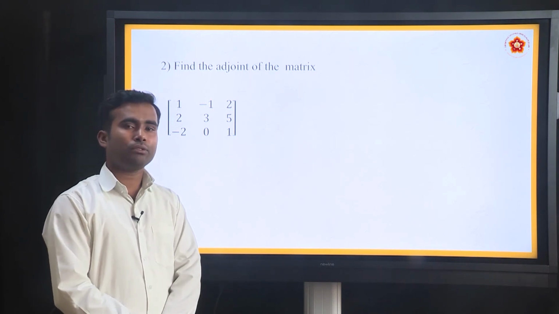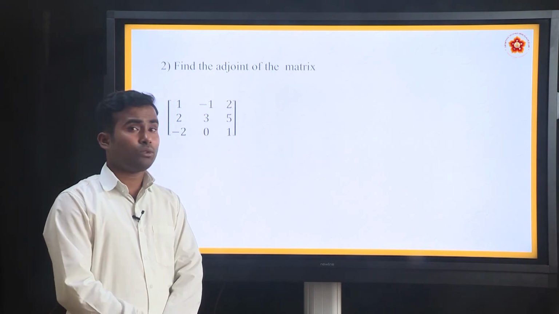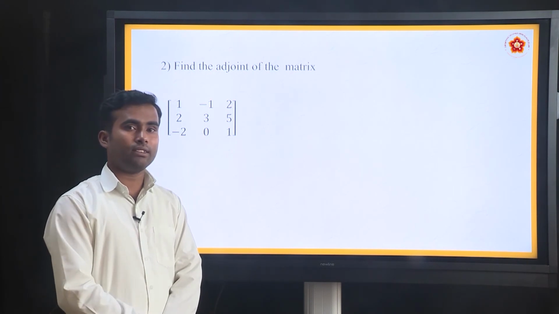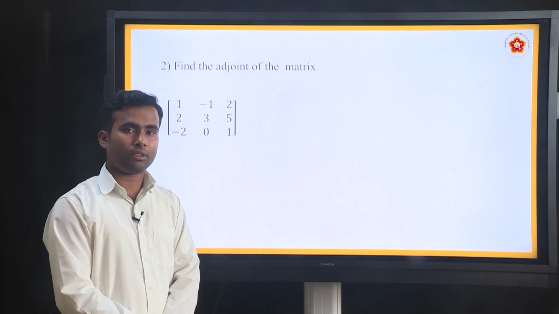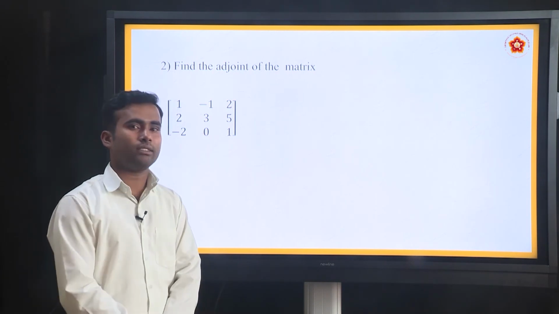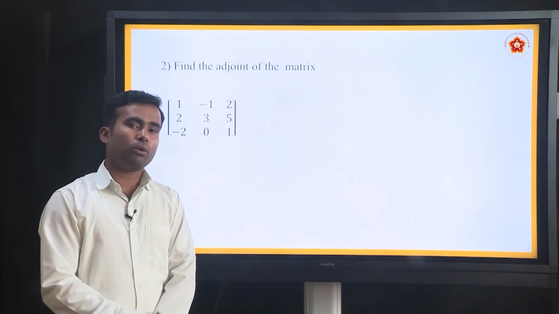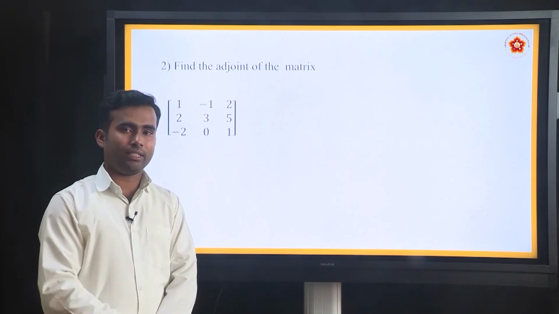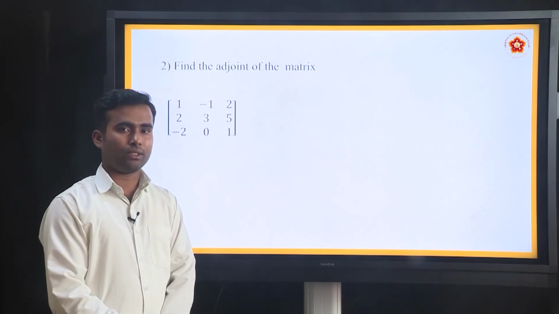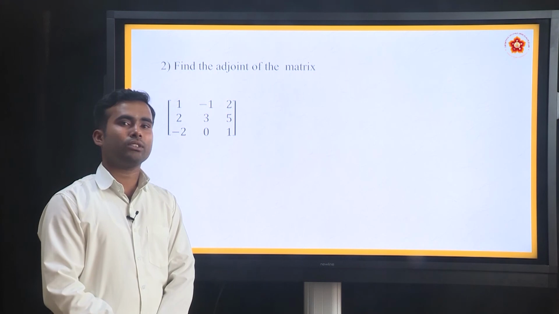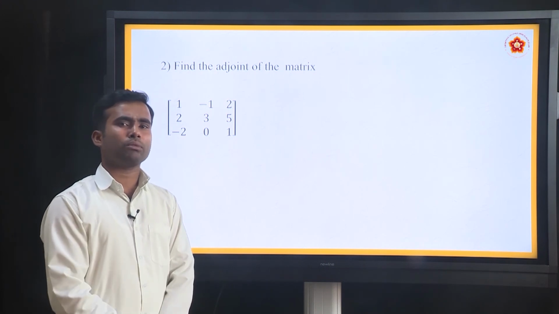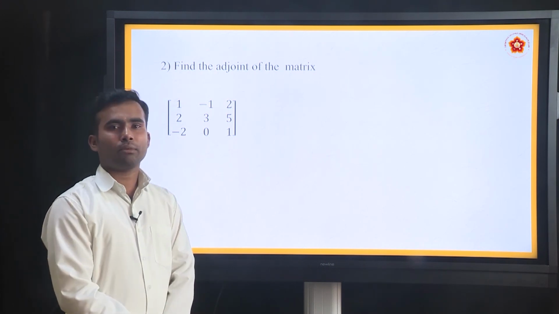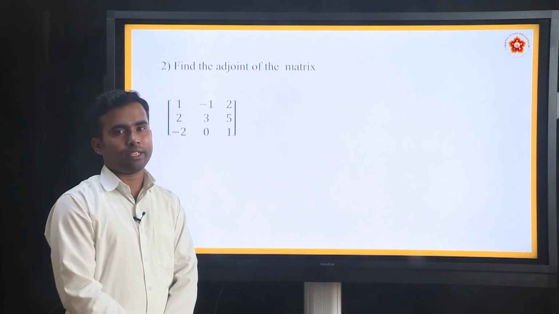If you practice more, the concepts are very easy here in the chapter on matrices as well as determinants. If you practice, it will be easy, otherwise it won't be easy. So practice more and more problems on this, and it will make you perfect.